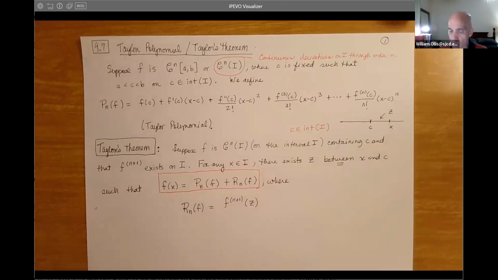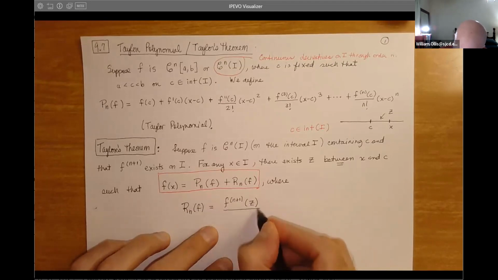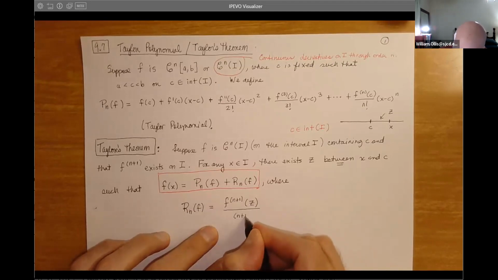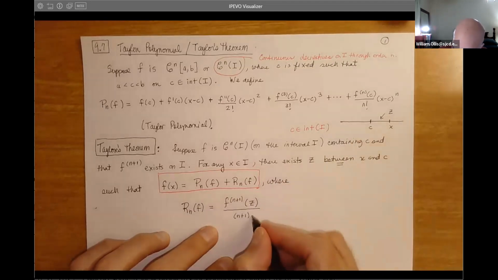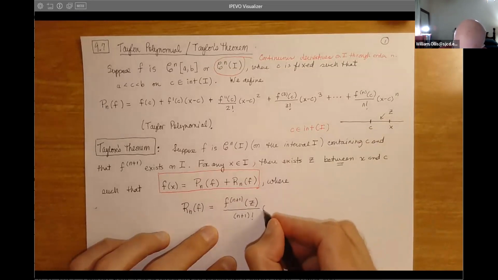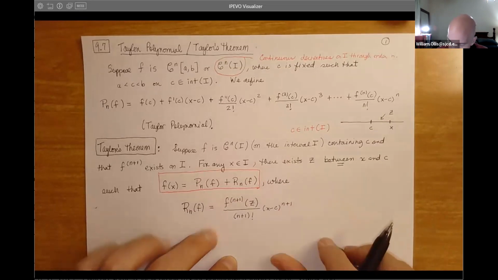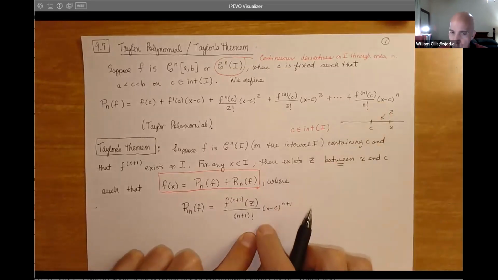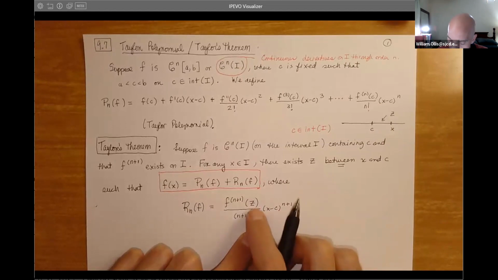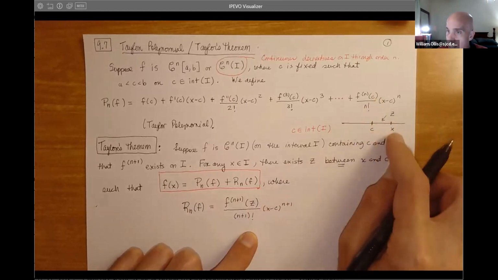That'll be a technique I'll show you how to do, and it's doable. And then of course, we have n plus 1 factorial, just extending the idea of factorial here. And then of course, (x minus c) to the n plus 1. So again, these look pretty much the same. The only difference is now, instead of having the c here, we have the z between c and x.